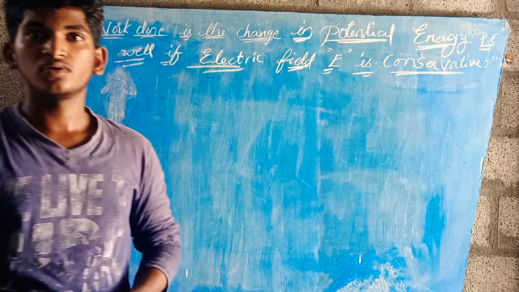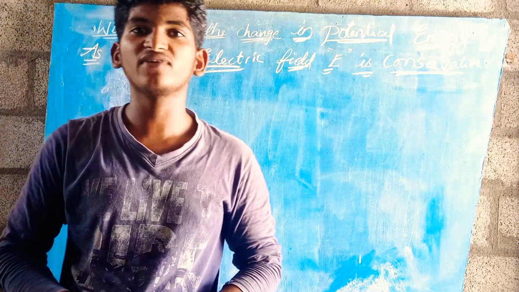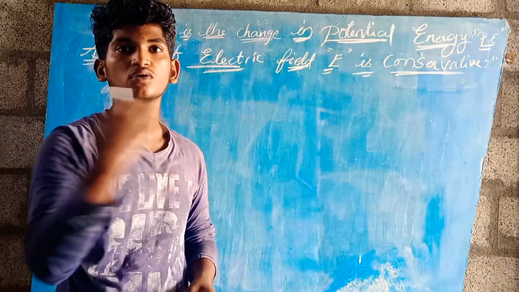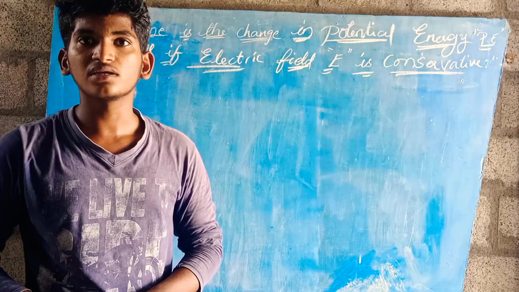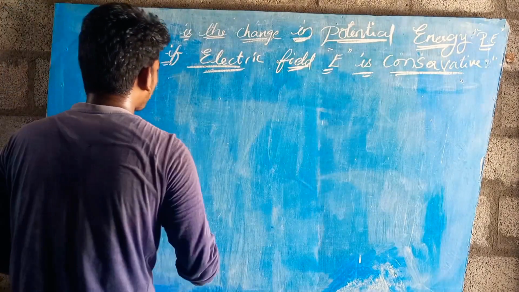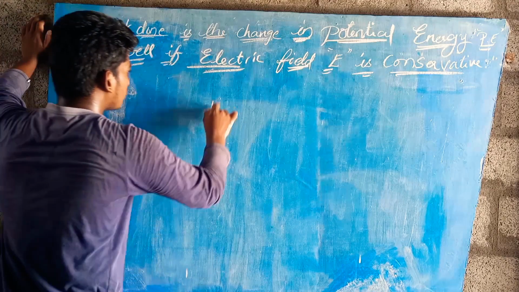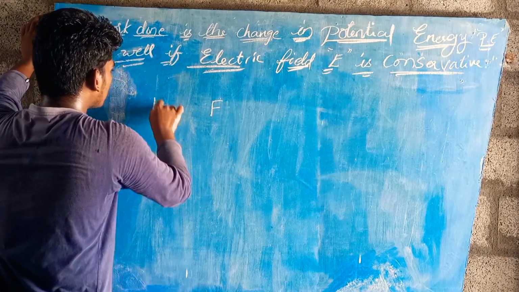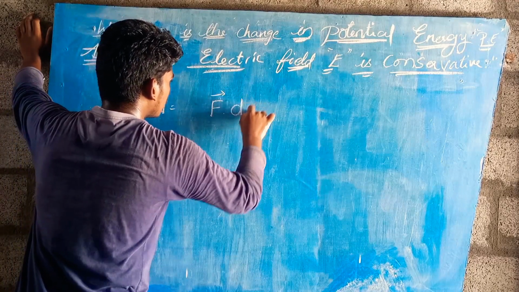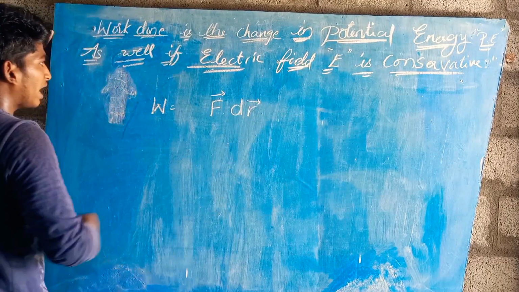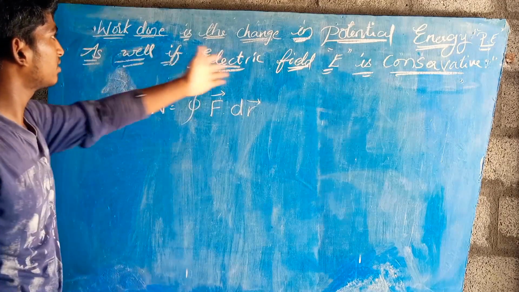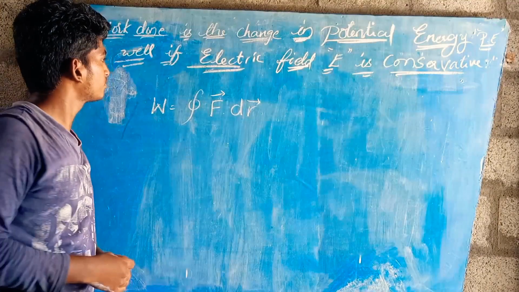Suppose the field of force F is conservative, then the total work done along a closed path of that field is equal to 0. As per the formula of work done, the total work done is equal to the integral of F times dr. We add a closed line integral since it is a field.